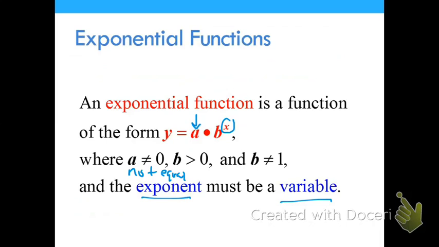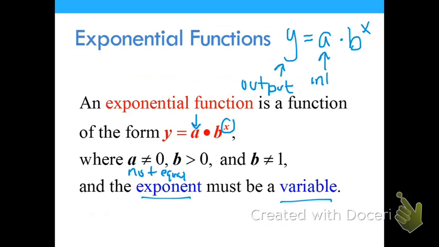Some things to remember, guys, when we're going through exponential functions is we have y equals a times b to the x, and I already had this on your paper. Y is known, as always, as your output, or your y value. A, in this case, will be known as your initial amount.